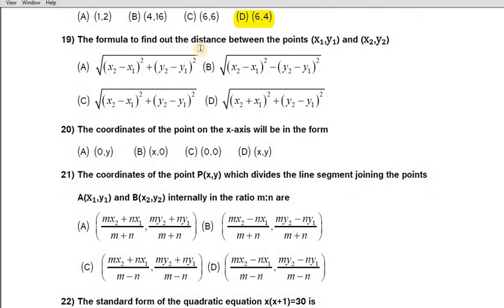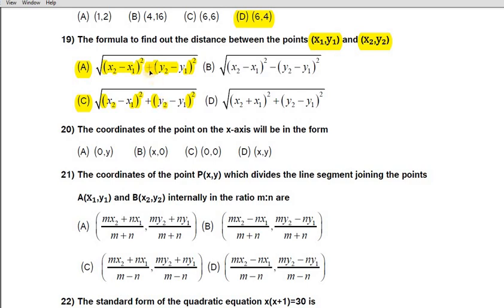The formula to find the distance between the points (x1, y1) and (x2, y2) is, so you want to write the distance formula, children, here. And here option A and option C both are correct. Both are the same formulas only, and these two formulas we will use to find the distance between any two coordinates.